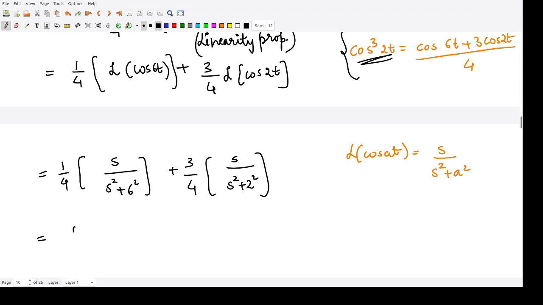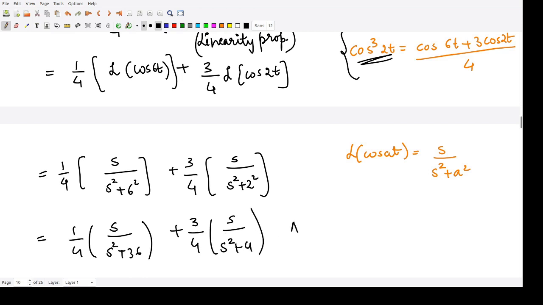So finally we have 1 by 4 multiplied by s divided by s square plus 36, and then 3 by 4 times s divided by s square plus 4. So this is the final answer.